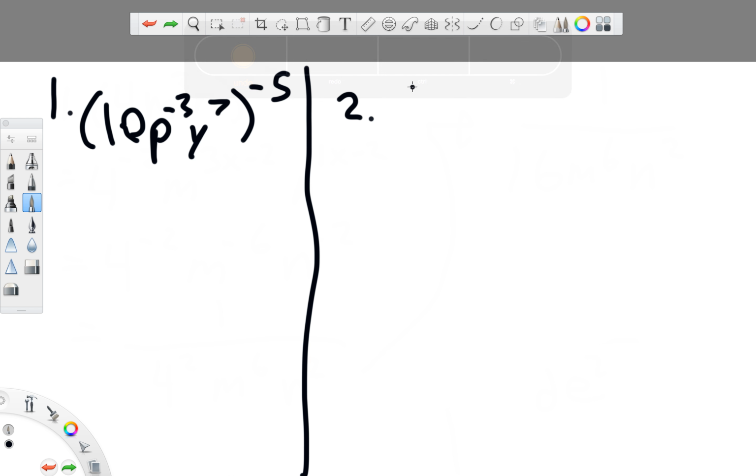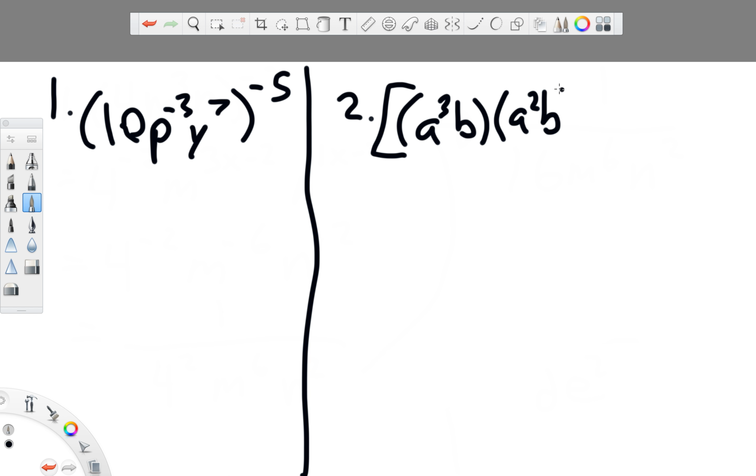So we'll do a square bracket, another bracket, and this is going to be a to the power 3 times b multiplied by a squared times b squared, to the power 3.